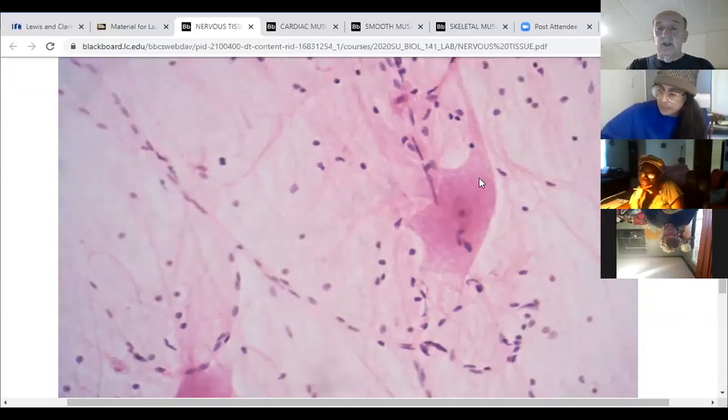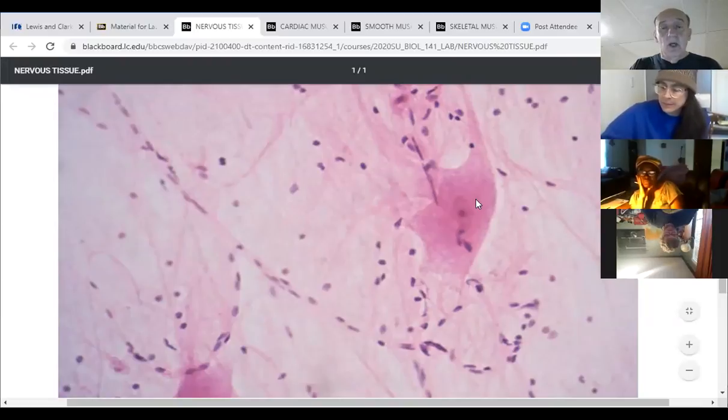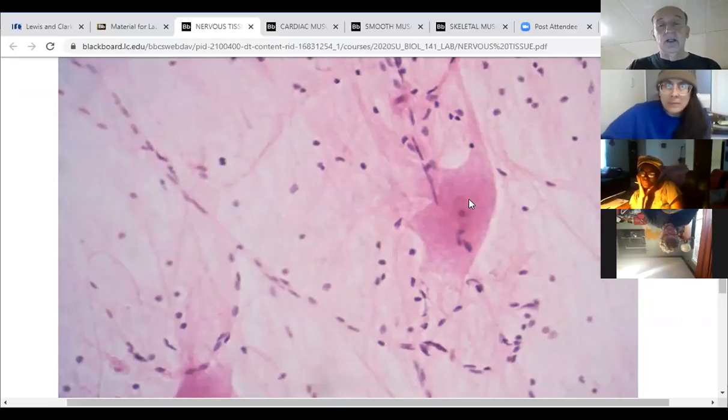Here too, we are seeing only a small portion of this very big neuron, because a lot of the axon is cut away. How they do that, we'll analyze in great detail in chapter 12 in lecture.